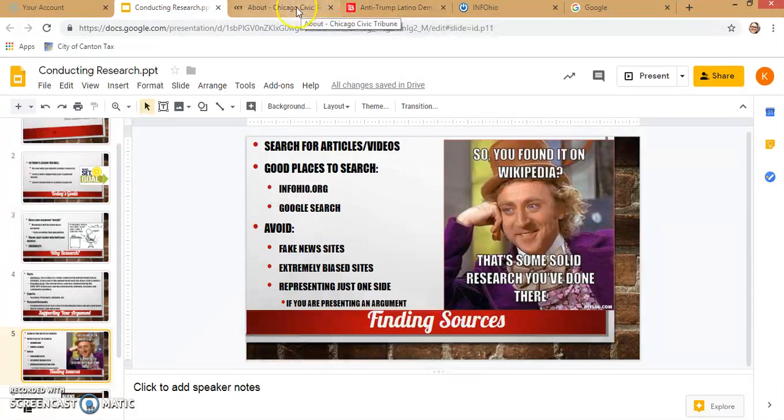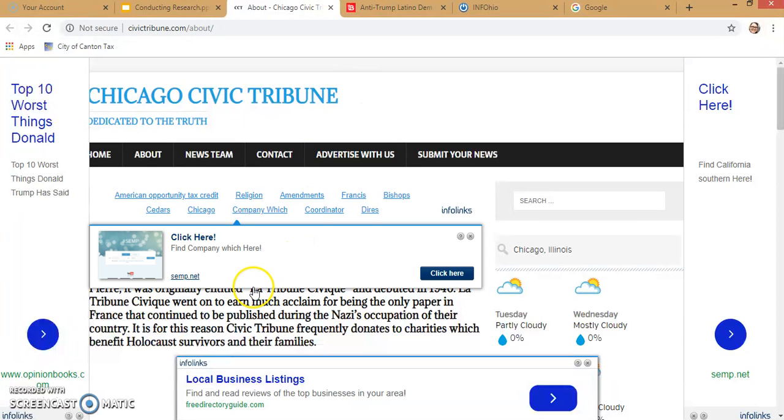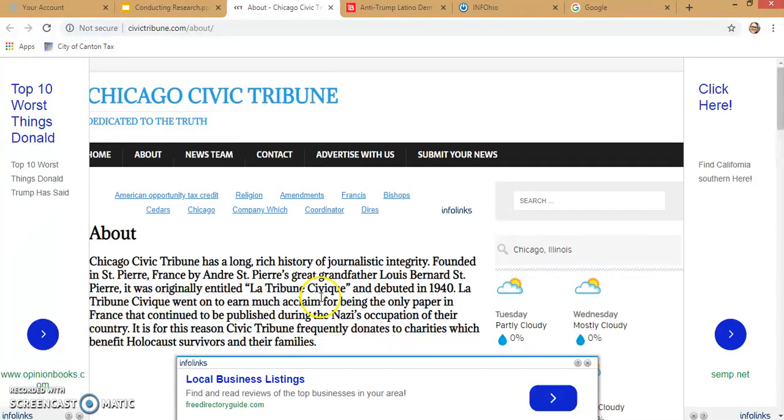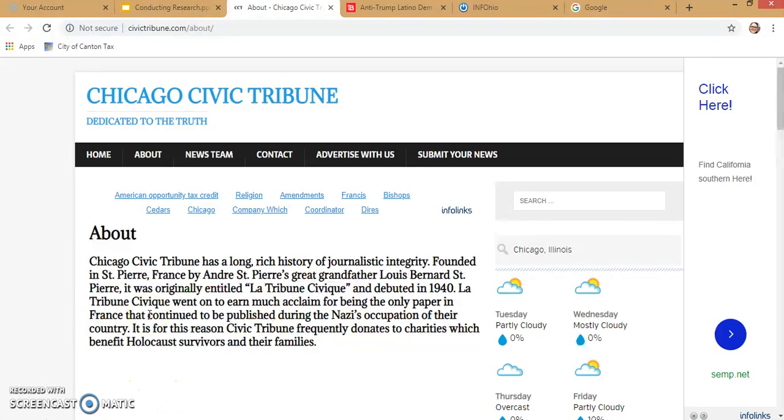All right, so I told you I was going to show you a fake news site. Here it is. All right, so this news site, and again, if you took digital media last semester, let me exit off of these ads. These ads are super annoying. All right, so if you took digital media last semester, you are already familiar with this because I showed it to you.